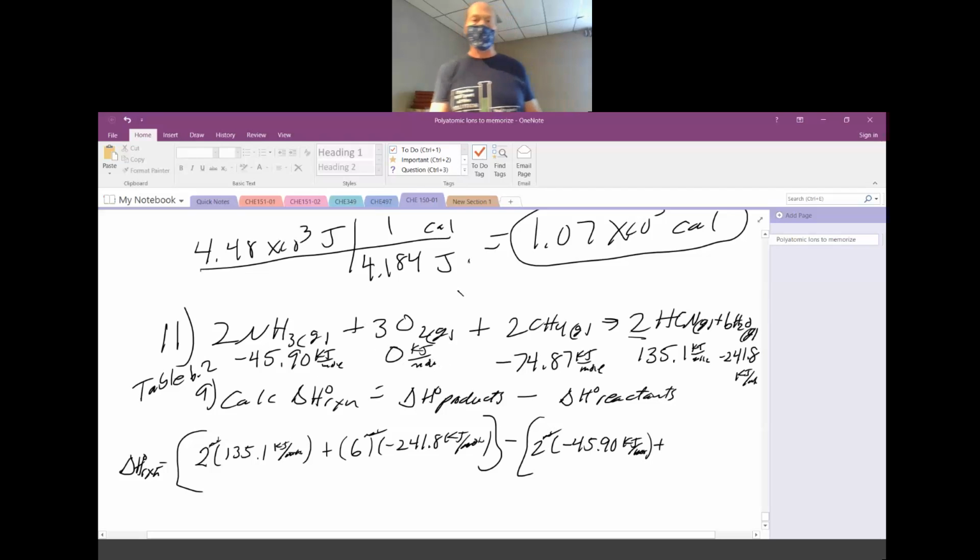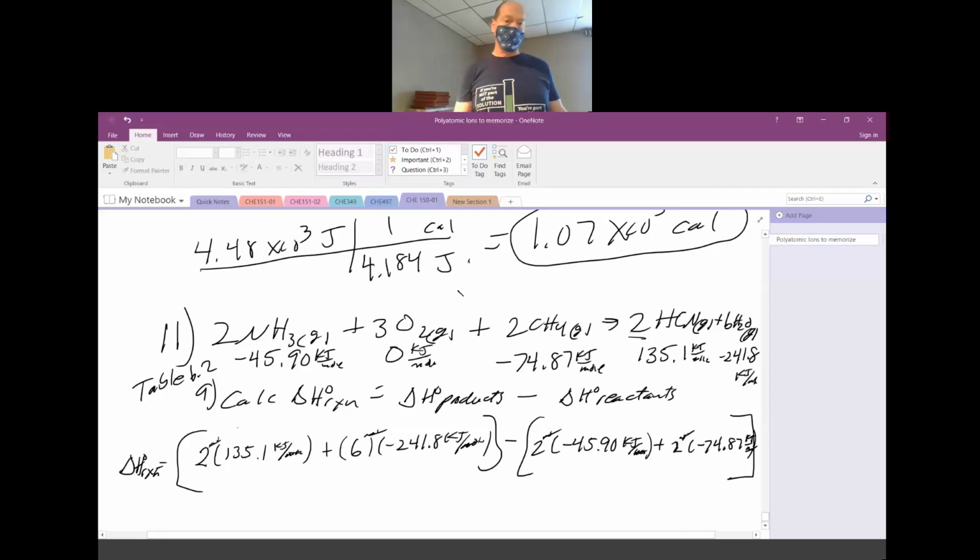It's always 0. Anything you multiply by 0 is 0. I do not put that in. You can put 3 times 0 if you want. That is 0. All right, so here we have 2 times negative 74.87. So we have 2 moles times the negative 74.87 kilojoules per mole. The moles cancel. All right, and so that is our reactants.